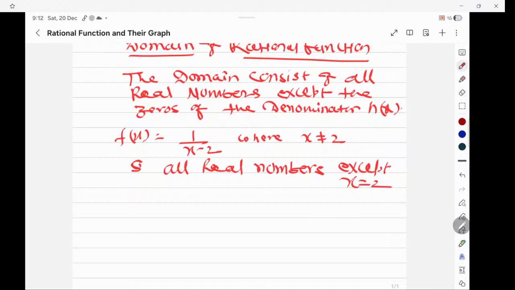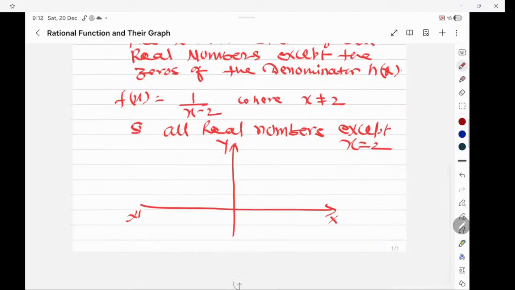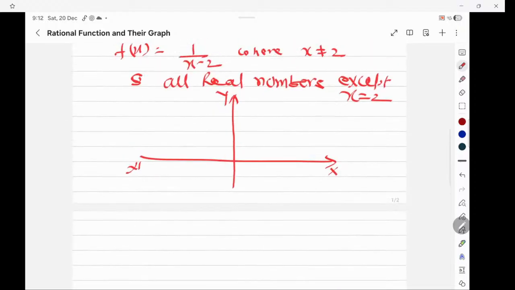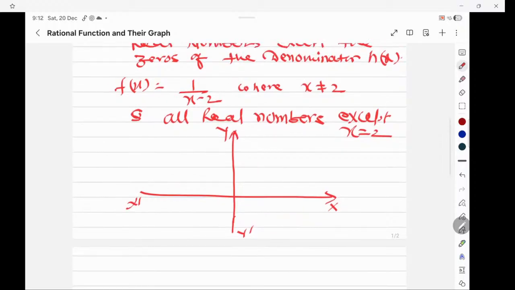Now for the graph, first we draw the axes, x, x dash, y, and y dash. First we draw the line x equals 2.